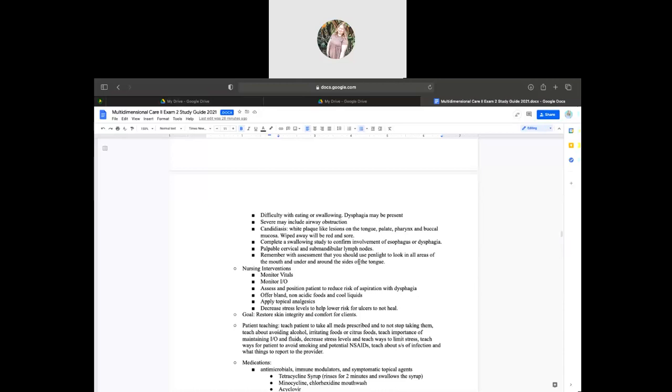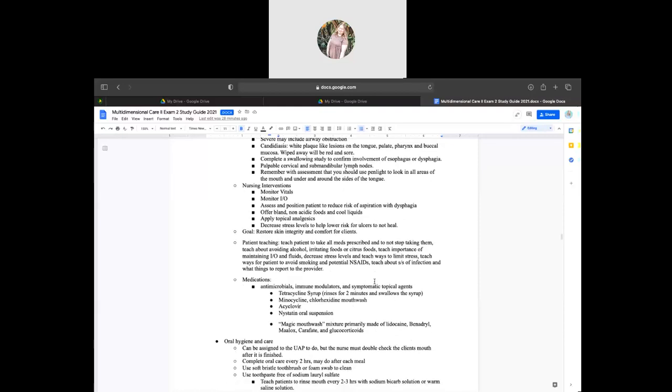Hot liquids might irritate it as well, so we want to offer those cool, soothing liquids. You can also give topical anesthetics, and then decrease stress levels, because stress is one key reason why ulcers may form. So decreasing that stress is going to help lower the risk for the ulcers to heal. Our goal here is to restore skin integrity and promote comfort.